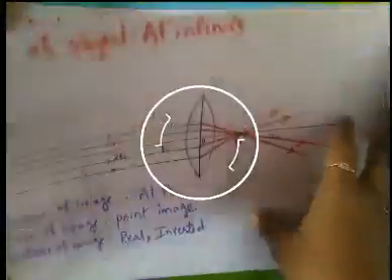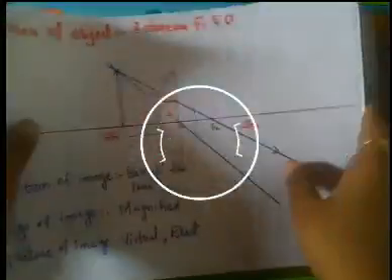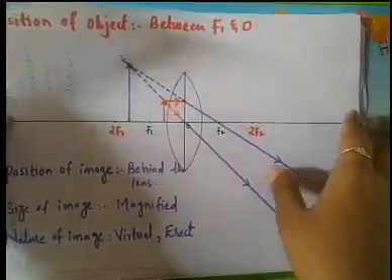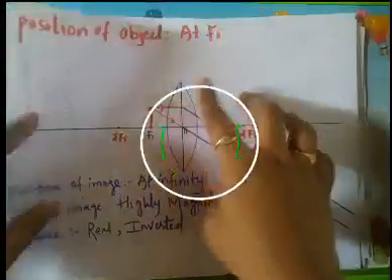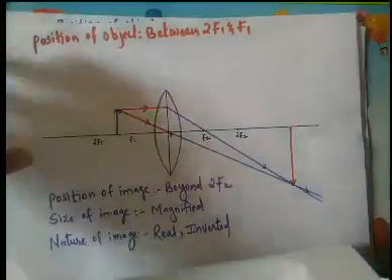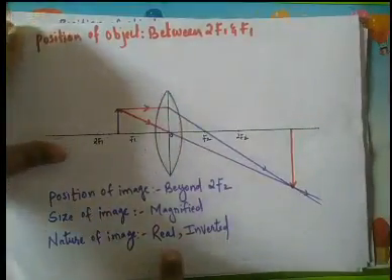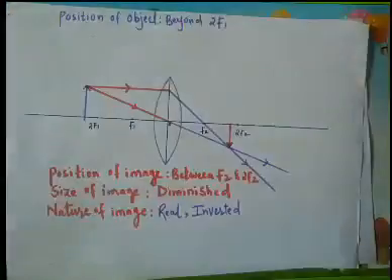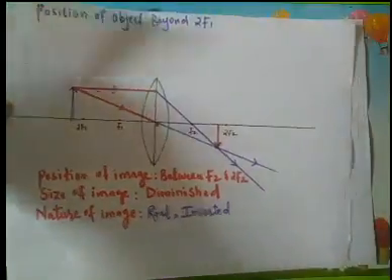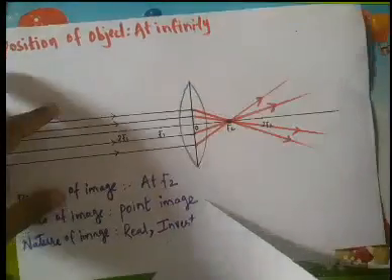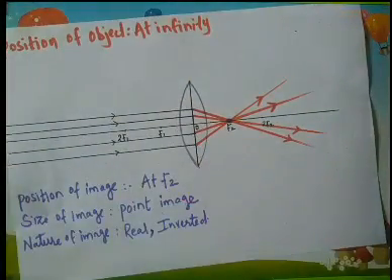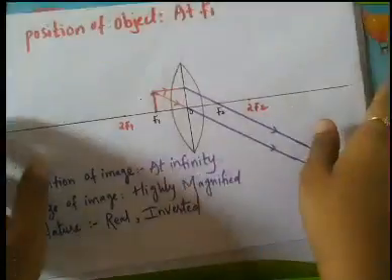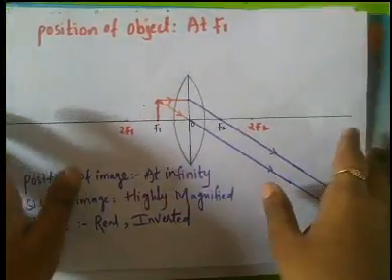If you will see, in all the 5 cases, at f1 real inverted image, between 2f1 and f1 real and inverted image, at 2f1 real and inverted image, beyond 2f1 real and inverted image, at infinity real and inverted image. In all the 5 cases a real and inverted image is forming.